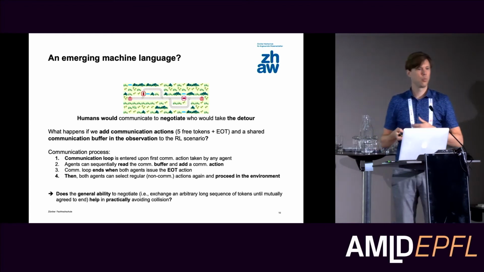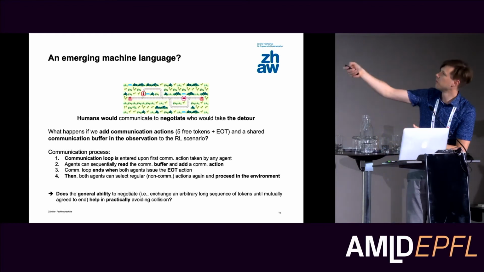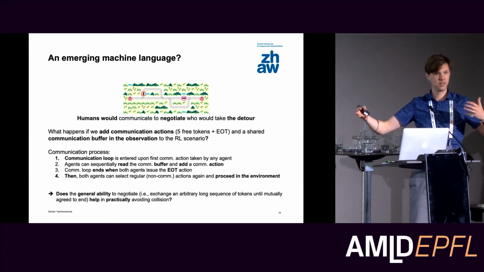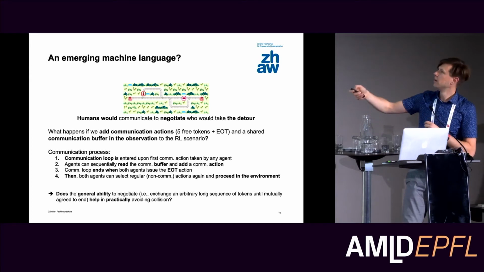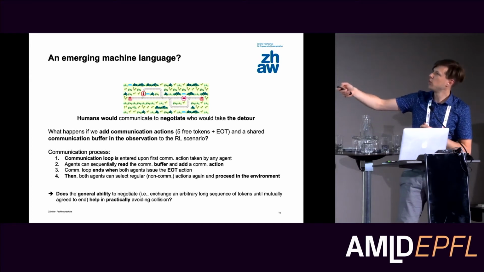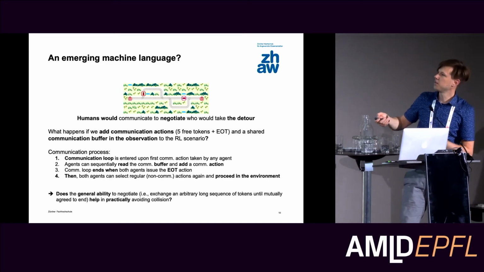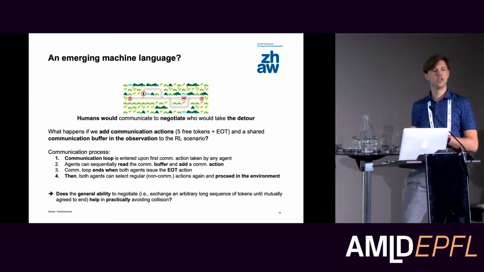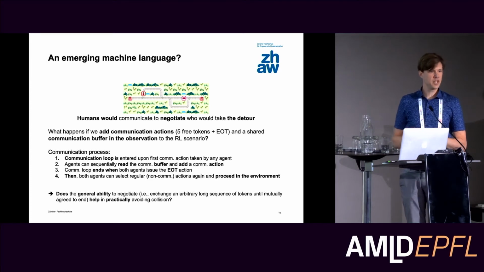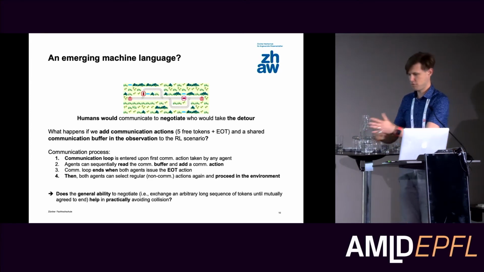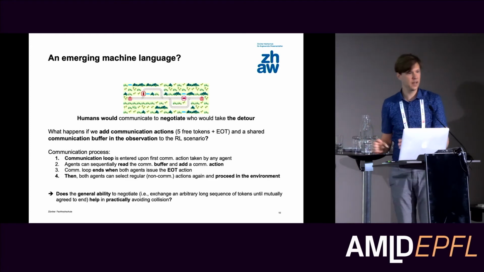And now we created the rules of the setup as follows. Agents can learn to do any actions, and upon the first agent issuing one of the communication actions, the agents enter a communication loop. A communication loop means they are now not anymore in the mode of determining go left, right, straight. They are in communication.